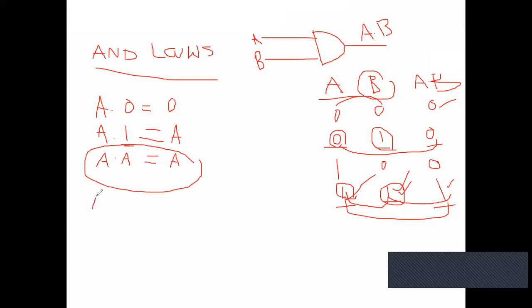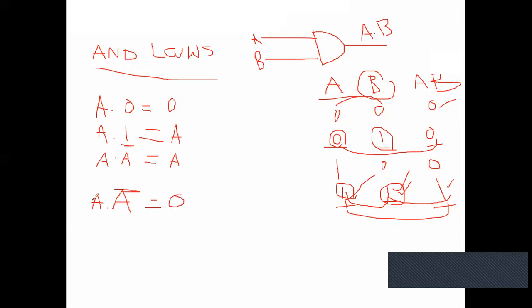Next, A dot A bar. These are very, very important. A dot A bar is equal to 0.